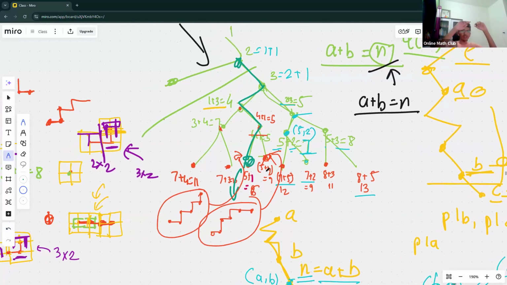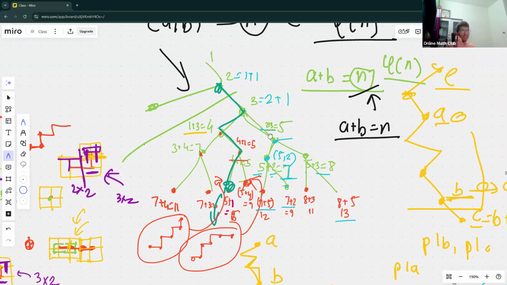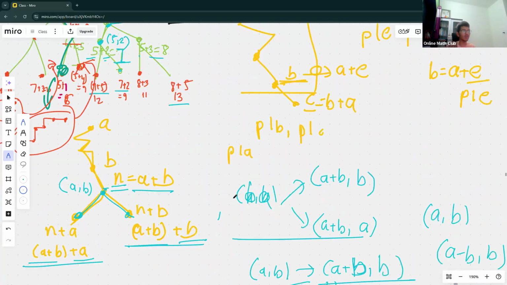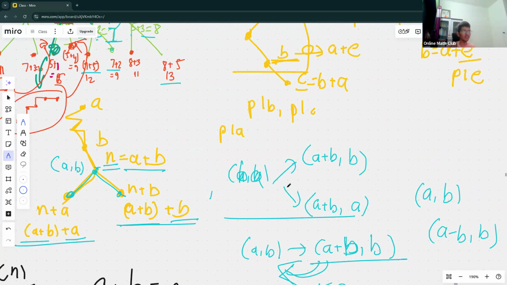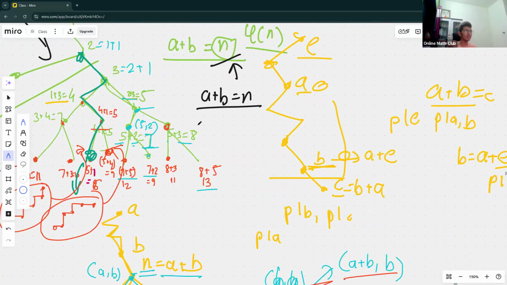Everyone understand? Each of the branches goes either right or up, and the staircase pattern also follows in the branches. Because of the way the branch is created, every pair is co-prime to each other, because we go from (a, b) to (a+b, b) and (a+b, a). Each vertex is a pair, like (3, 5), then (5, 8), and so on.